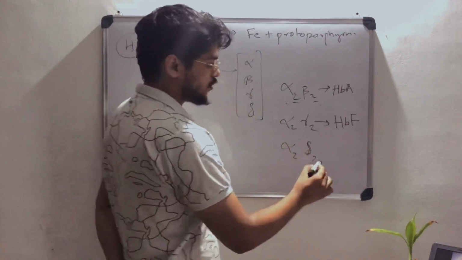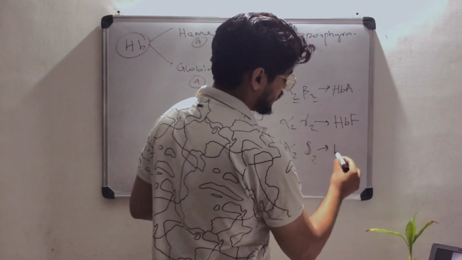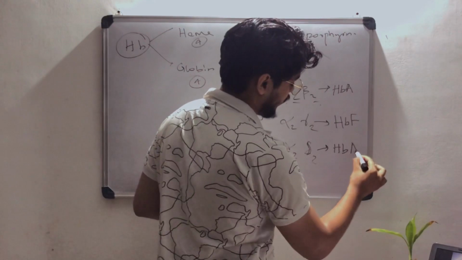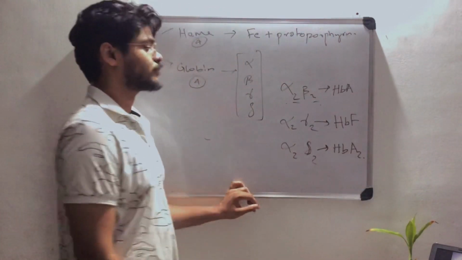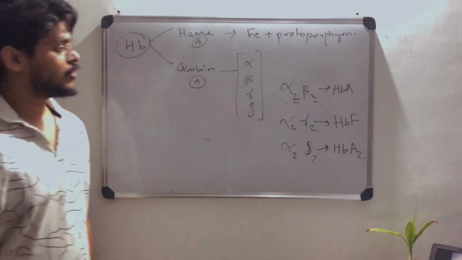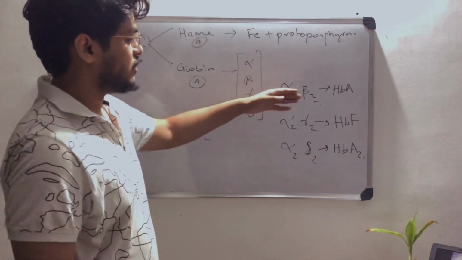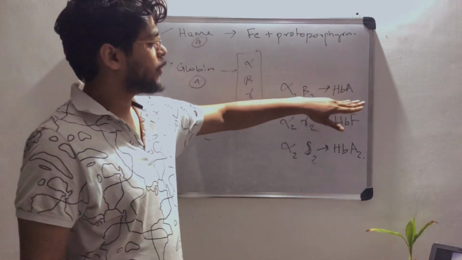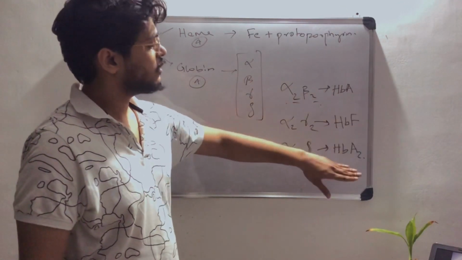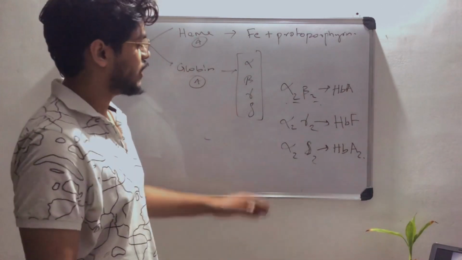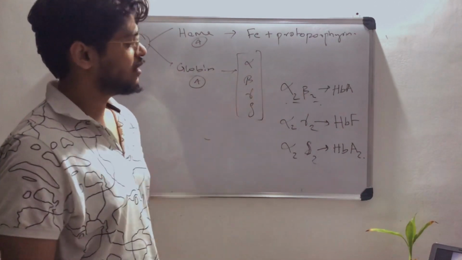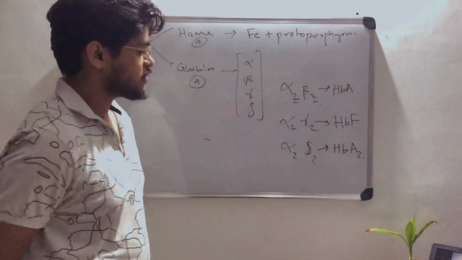Alpha 2 delta 2 is HbA2. Okay? These are different hemoglobins: hemoglobin A, hemoglobin F, hemoglobin A2. We name it according to the difference in their globin chains.